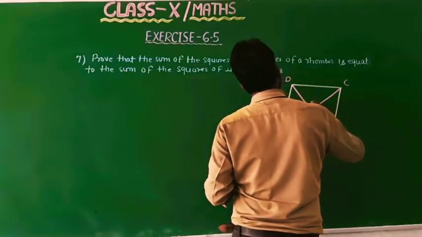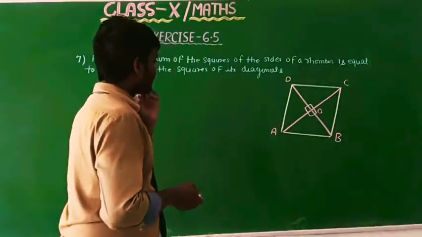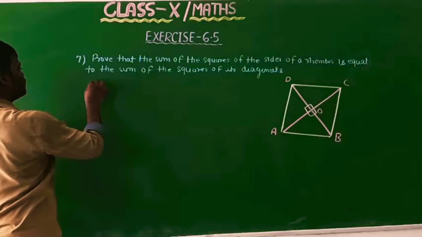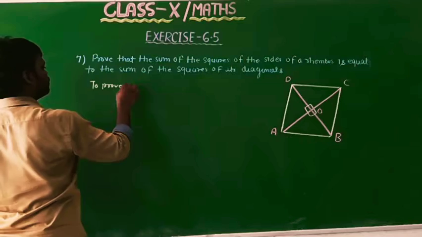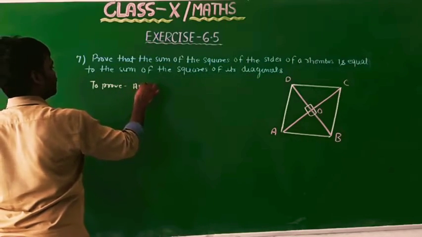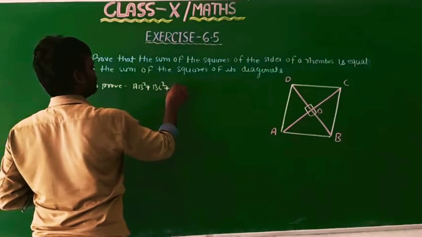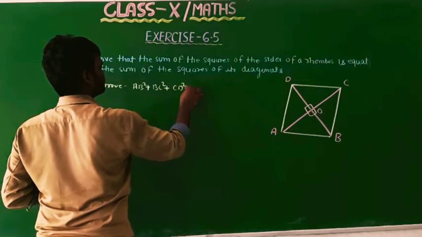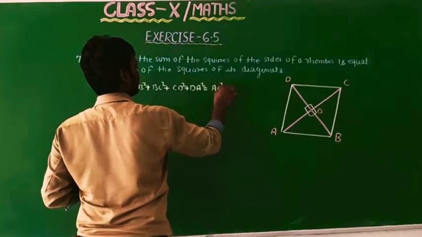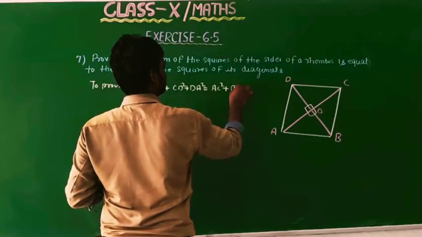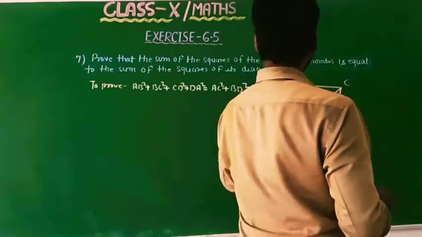So here we mark 90 degrees. So we have to prove AB square plus BC square plus CD square plus DA square equal to diagonal AC square plus BD square.